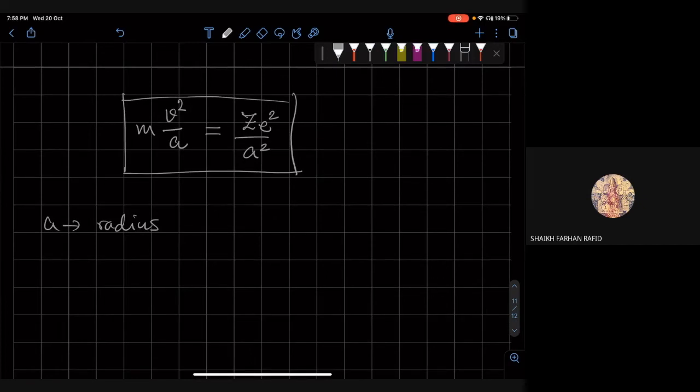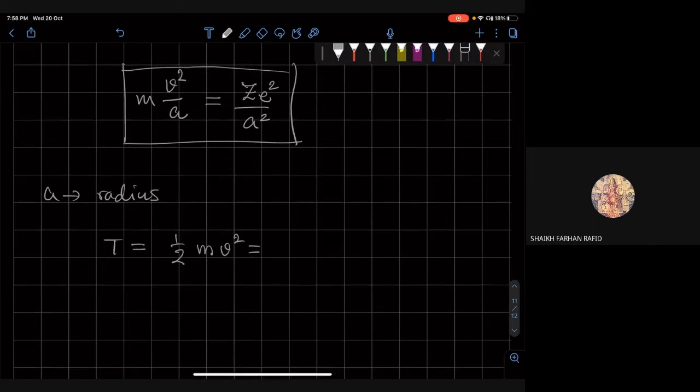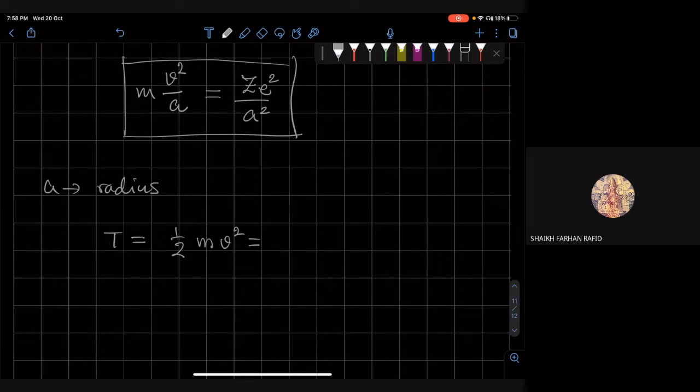Now the kinetic energy of the electron is going to be half mv squared. Okay, and if we use this guy, we can write that as Z e squared by 2a.